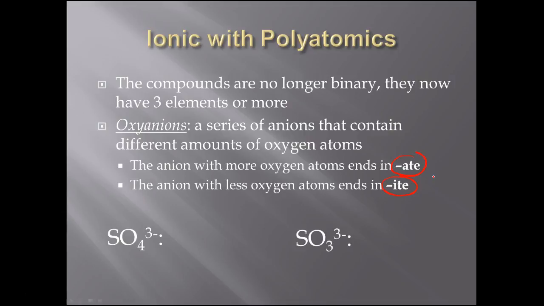If we take a look at these two here, SO4 and SO3, the one with more oxygen, the SO4, is going to end in -ate. So we know it's sulfur, but we change, whoops, forgot my L, sulfate. So we change our ending to -ate from sulfur to sulfate, and this one has fewer oxygens, so it becomes sulfite.